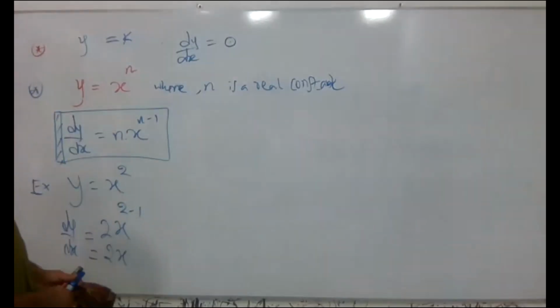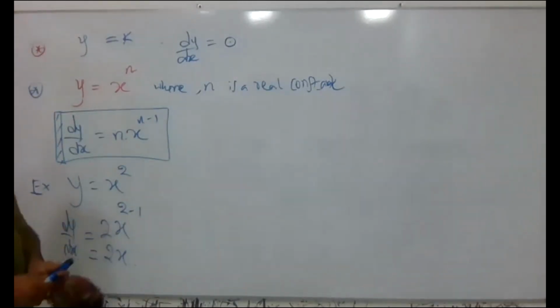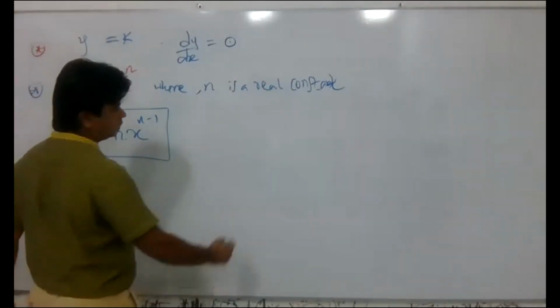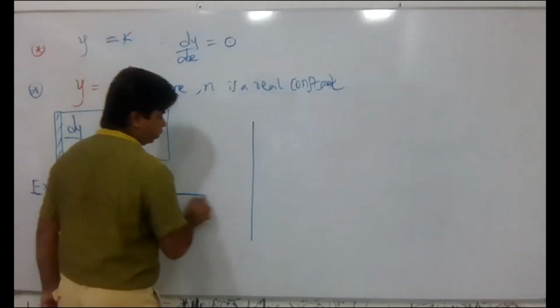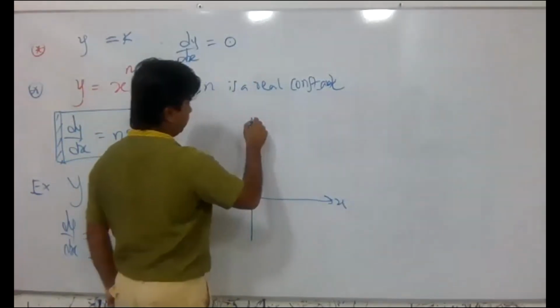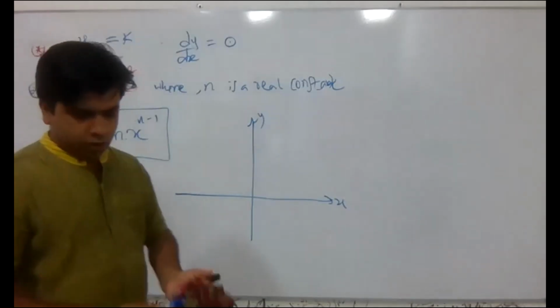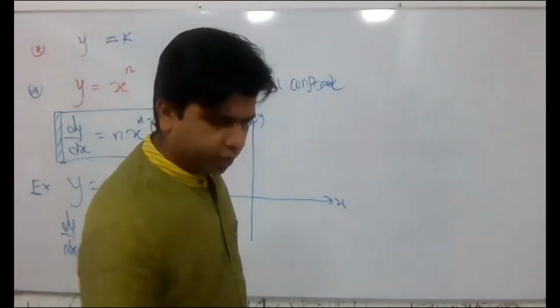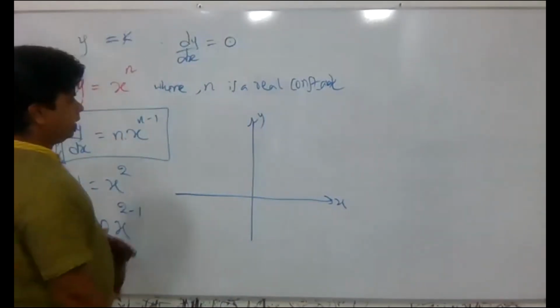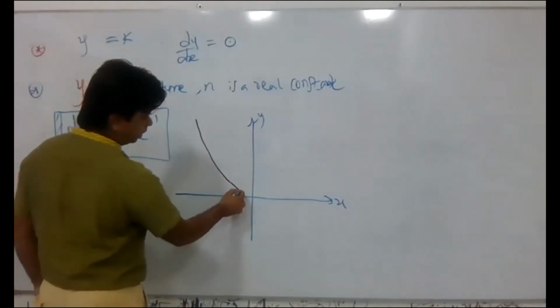Now I will explain further. Because I explained the graph, you know that here is x and here is y. When you go to the graph, you know that this is a particular parabola.